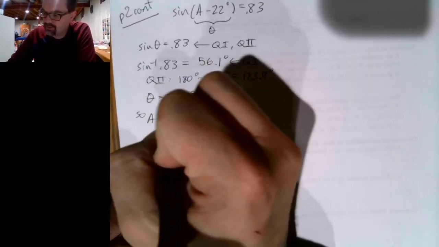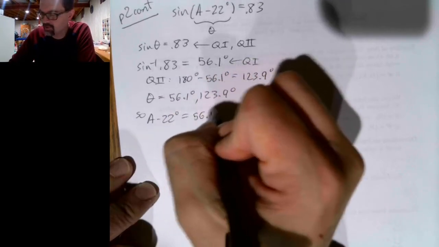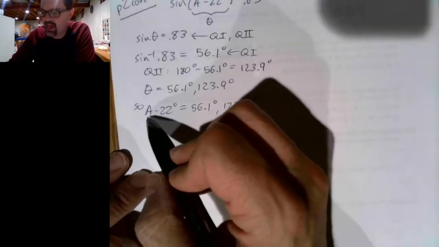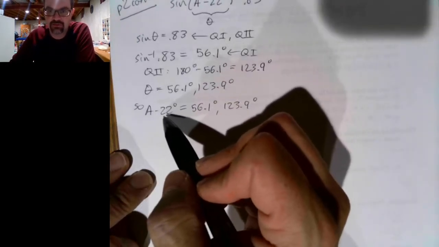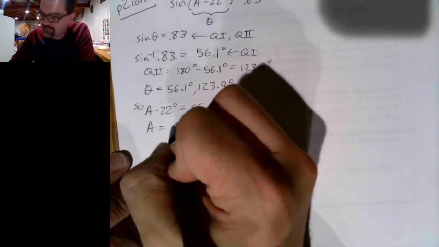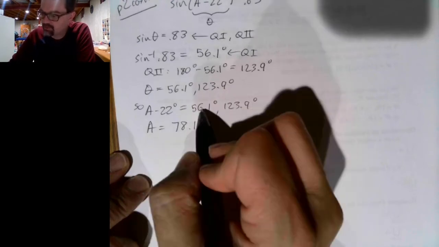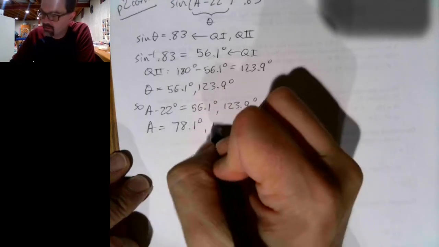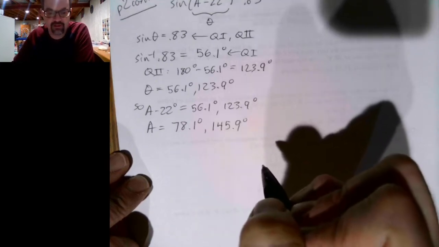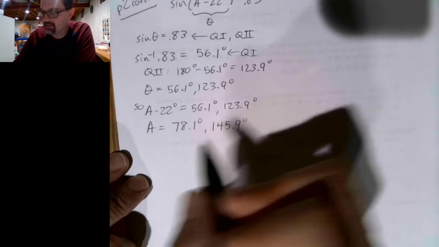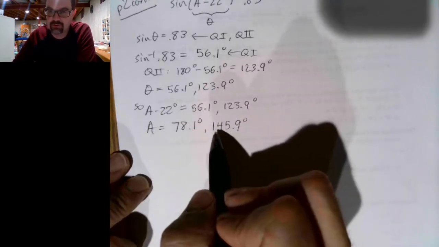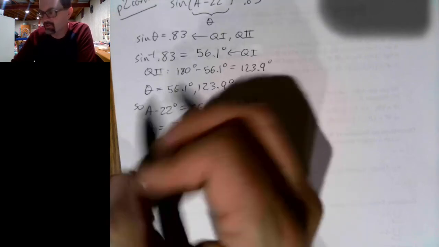So a minus 22 is 56.1, or 123.9. To get a, add 22 to both sides, which means adding 22 to both solutions. So a is 78.1 when you add 22 to this, and 145.9 when you add 22 to that one. To finish it off, it's these two basic solutions between 0 and 360, and anything coterminal with them.